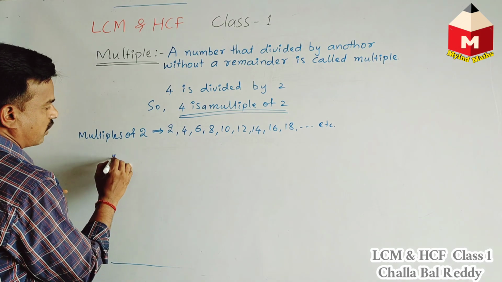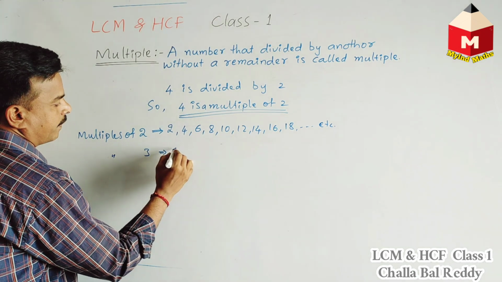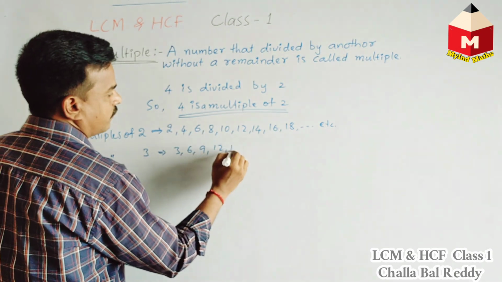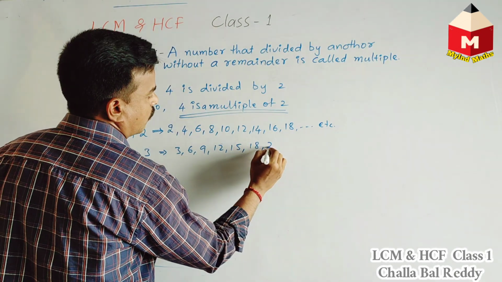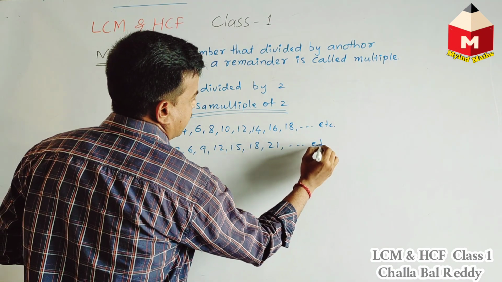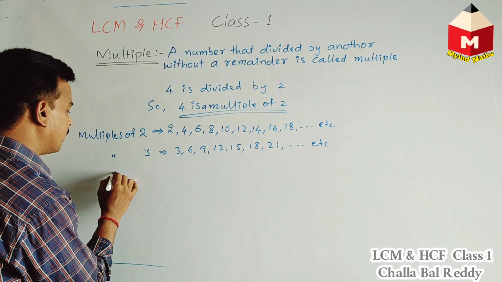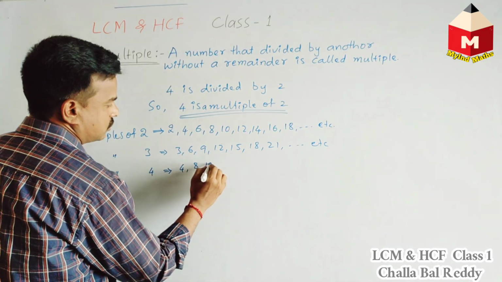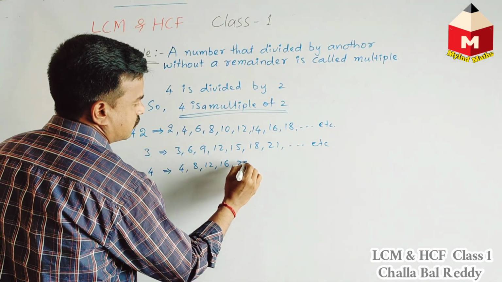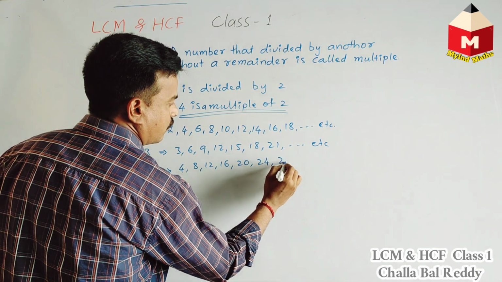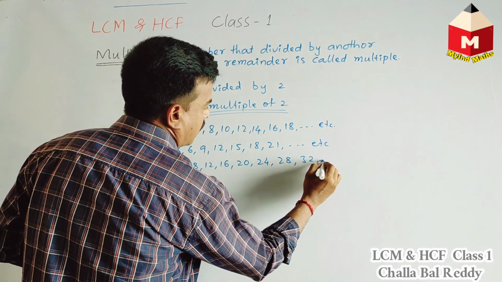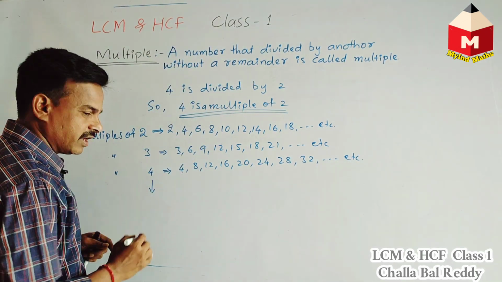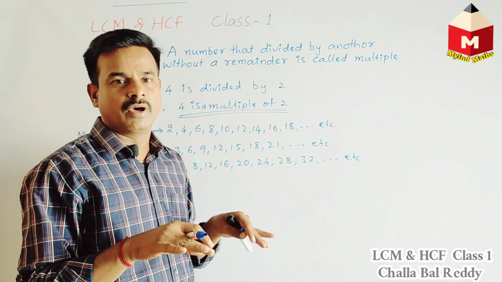And also we have to write now multiples of 3. 3, 6, 9, 12, 15, 18, 21 and so on. Multiples of 4: 4, 8, 12, 16, 20, 24, 28, 32 and so on. And like this we can write multiples of every number.